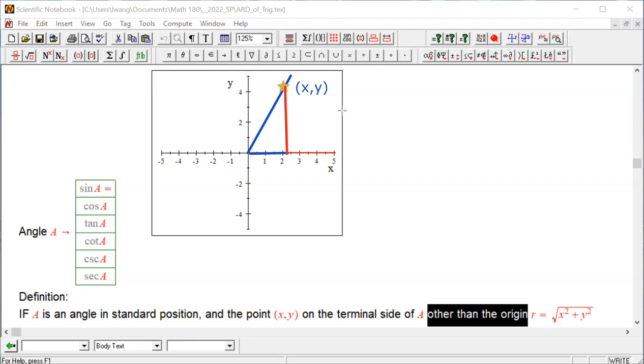So let's mark it. This is x. Let me get the color right. The blue color is x. The red color is y.